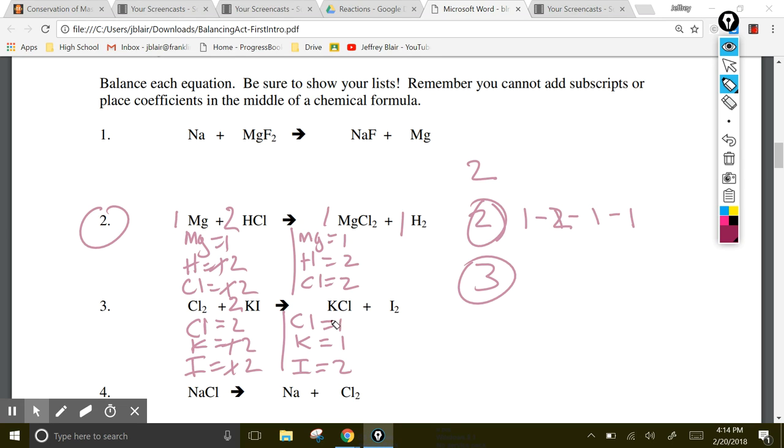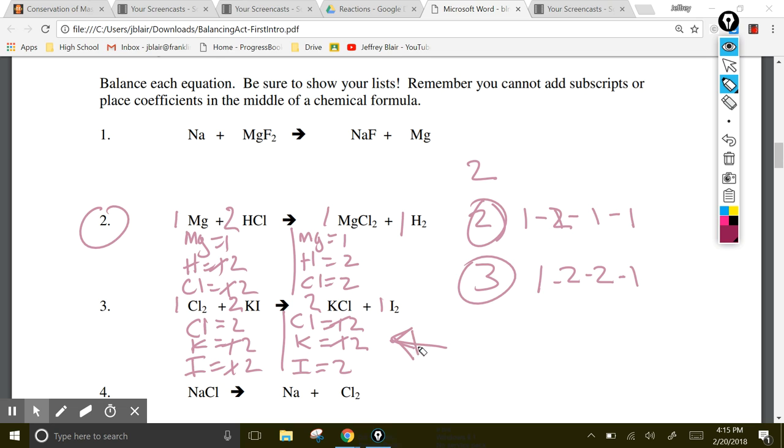Then we've got to go over here and put a 2 in, 2 Cls, 2 Ks. Now we're balanced. So my answer key for number 3 is going to be 1, 2, 2, 1.